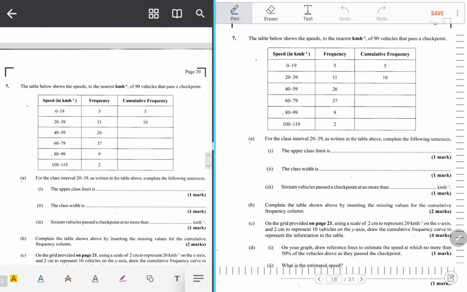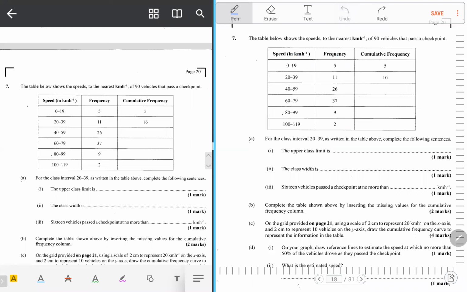It says the table below shows the speed to the nearest kilometer per hour of 90 vehicles that pass a checkpoint. So these are the speeds, the range of the speed, and it's grouped data. These are the number of vehicles, the frequency.